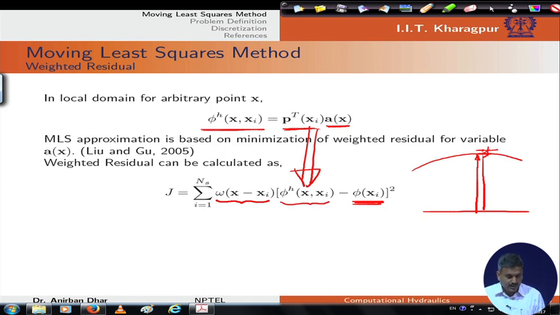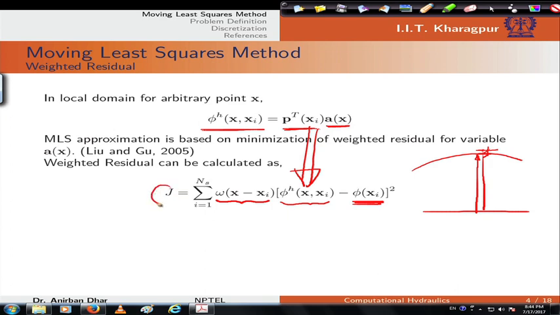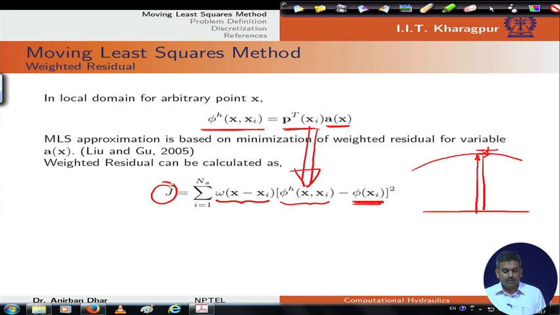Now, in this minimization problem, the first condition is that if we differentiate this J, which is the objective function, with respect to variables, the first order derivatives should be 0.